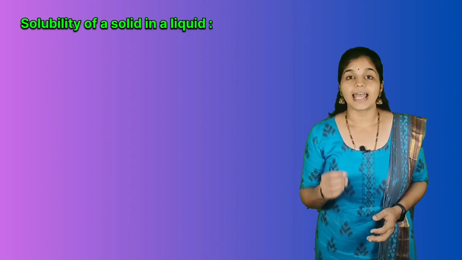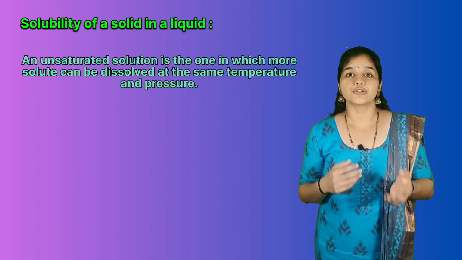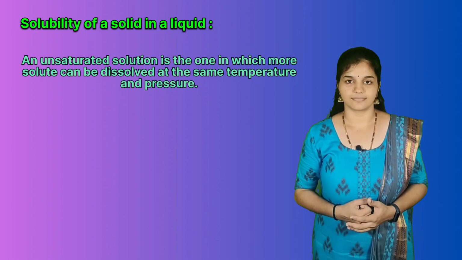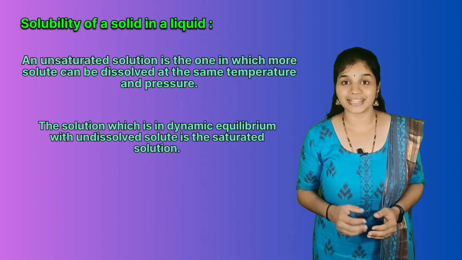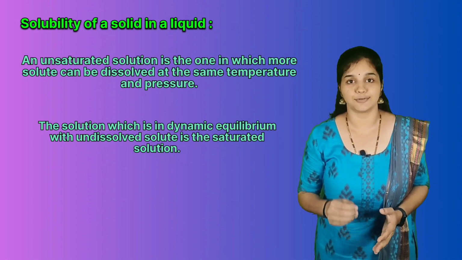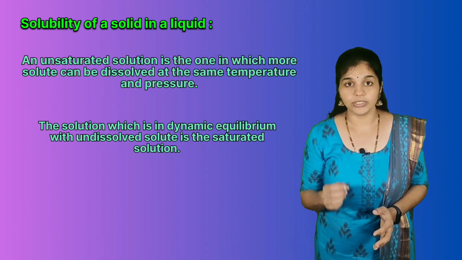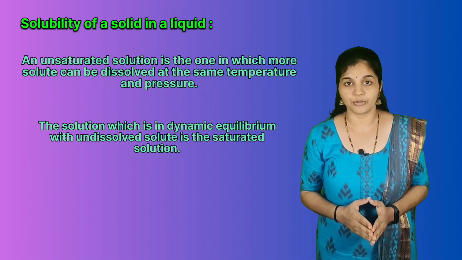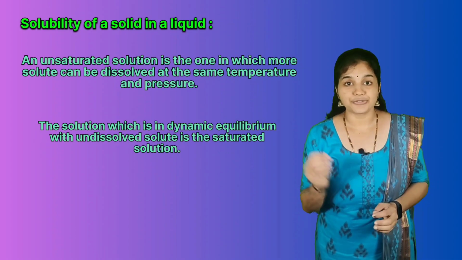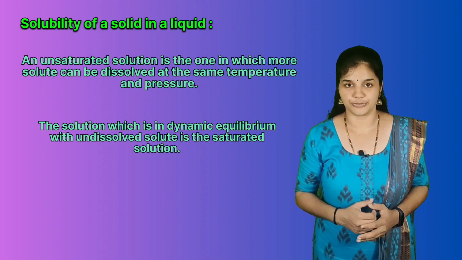So to define, an unsaturated solution is the one in which more solute can be dissolved at the same temperature and pressure. The solution which is in dynamic equilibrium with undissolved solute is the saturated solution and contains the maximum amount of solute dissolved in a given amount of solvent. So, solubility of this saturated solution is equal to the concentration of the solute.